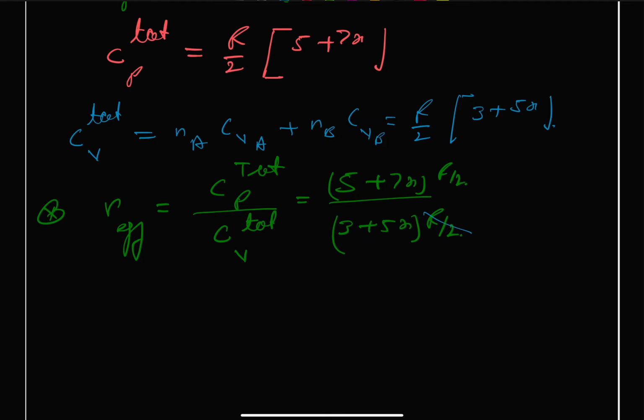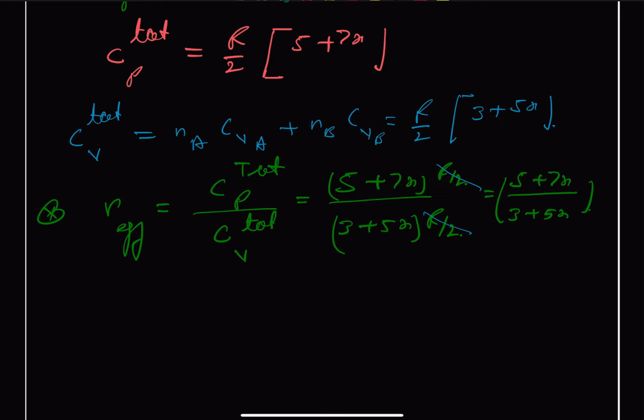R by 2 cancels out, so this comes as 5 plus 7x over 3 plus 5x, which will be equal to 19 by 13, and we have to find out the value of x.